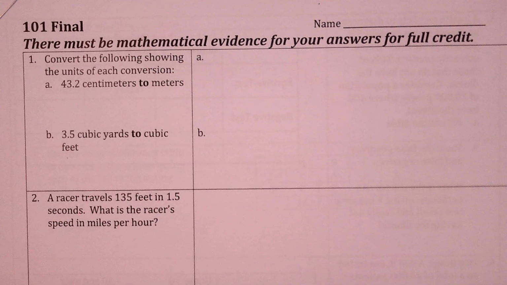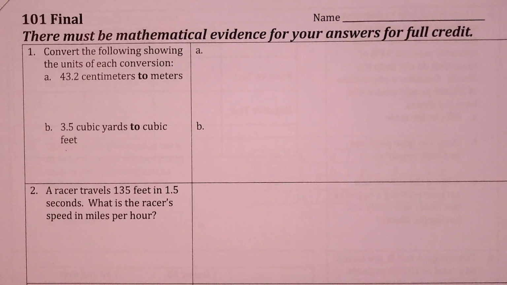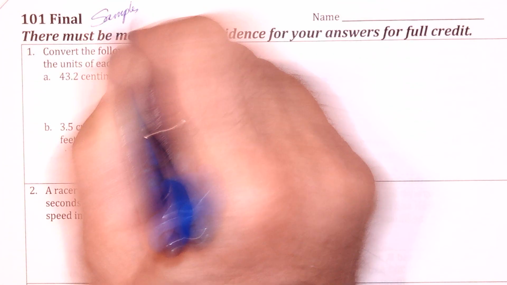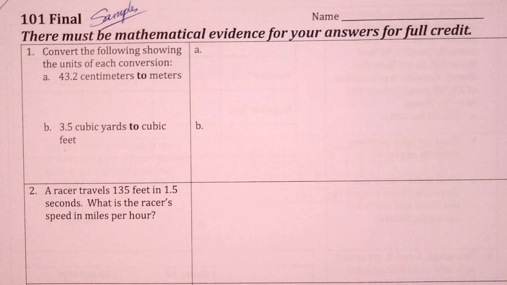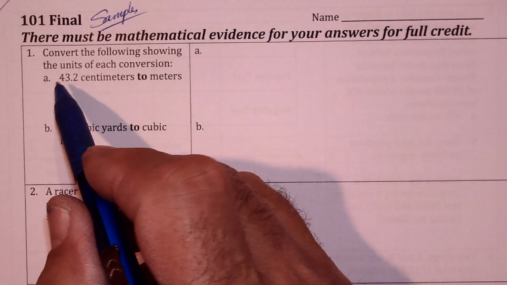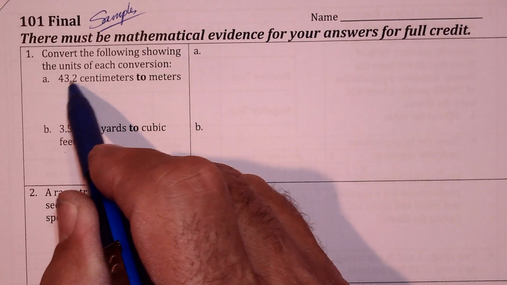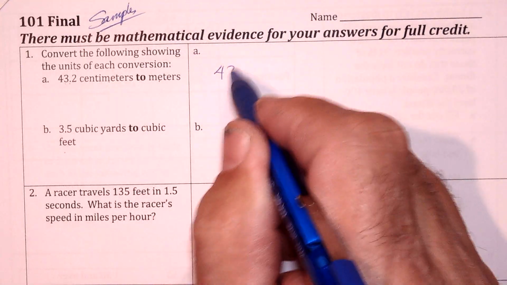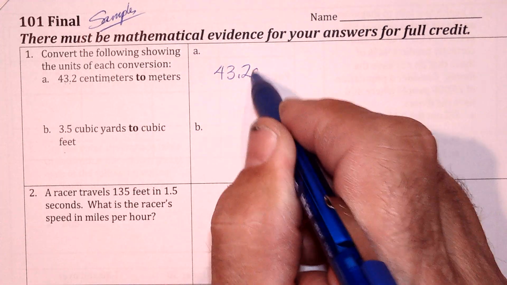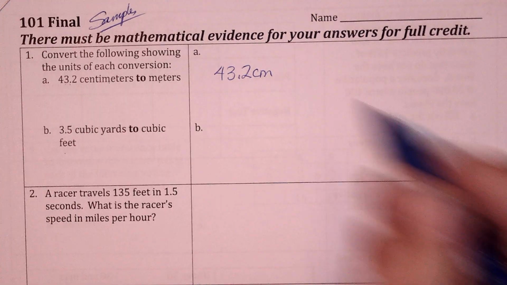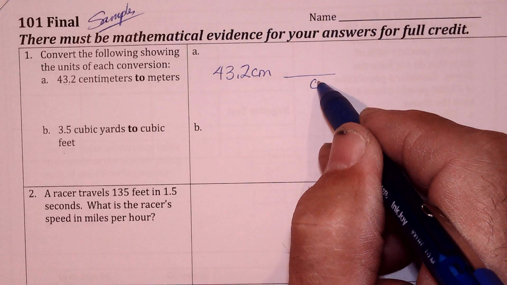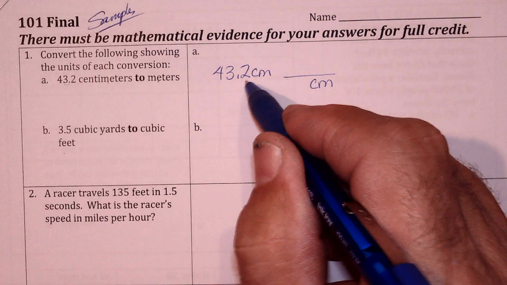Let's work on the 101 final, sample final. 43.2 centimeters to meters. And so I need the centimeters to disappear, so I need to put centimeters in the denominator so they'll cancel.